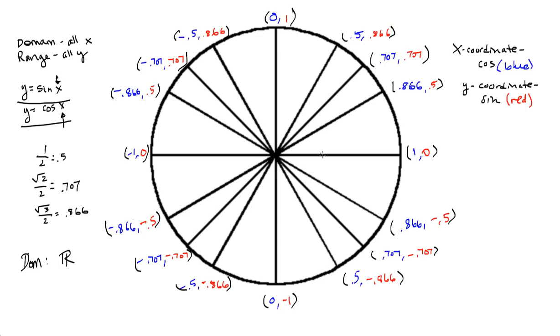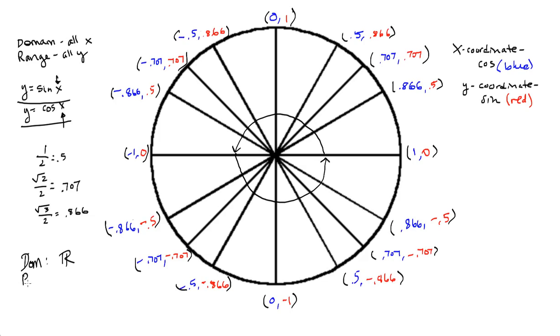So going through the first two quadrants, I've gone from 1 down to 0 down to negative 1, and then what happens? Then we go back up again. We go from negative 1 up to 0, up to 1 again. So cosine cycles from 1 down to negative 1, and then it turns around and comes back up to 1 again.